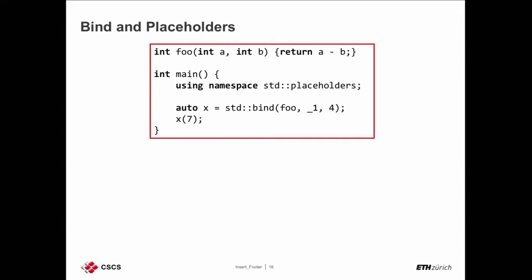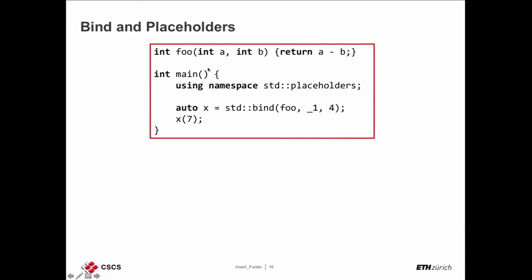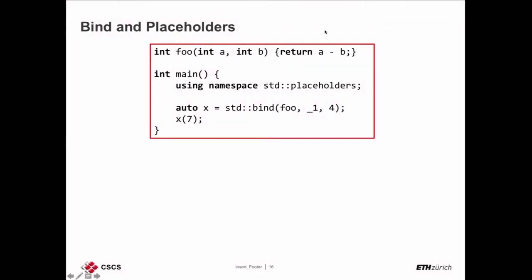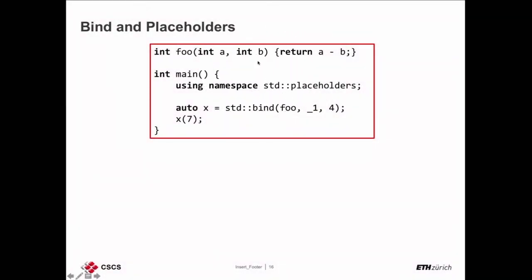There's also another feature which is called binding. You shouldn't really use bind unless you really have to. But the idea is that you can reshape a function. If I have a function that takes 2 arguments, I want to get the function that is basically foo, but in which the first argument is what I care about, because I know the second one is always going to be 4, right?